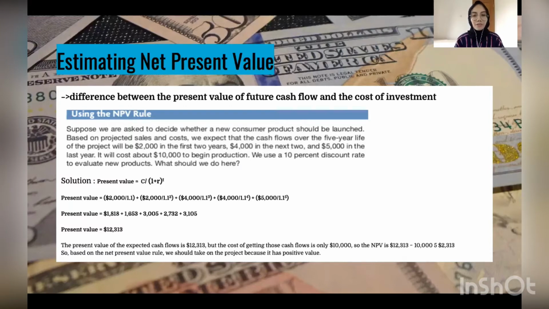So the net present value is $2,313. So based on the net present value rule, we should take on the project because it has positive value. And that is for me. Thank you for watching.